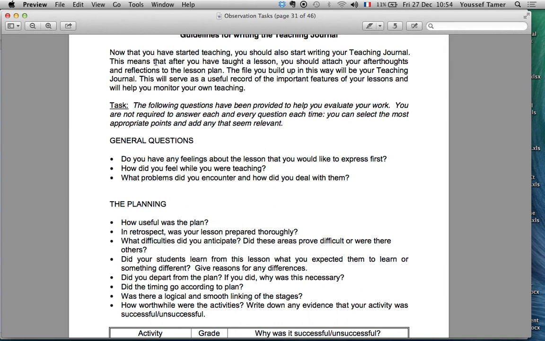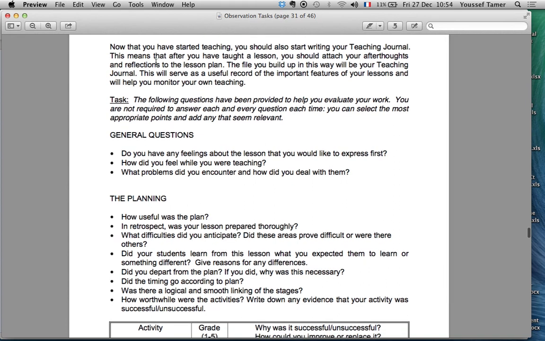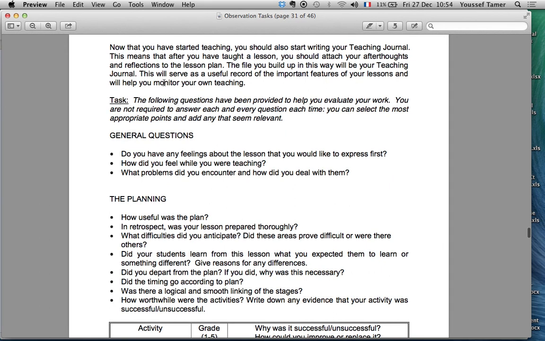This means that after you have taught a lesson, you should attach your afterthoughts and reflections to the lesson plan. The file you build up in this way will be your teaching journal. This will serve as a useful record of the important features of your lessons and will help you monitor your teaching.